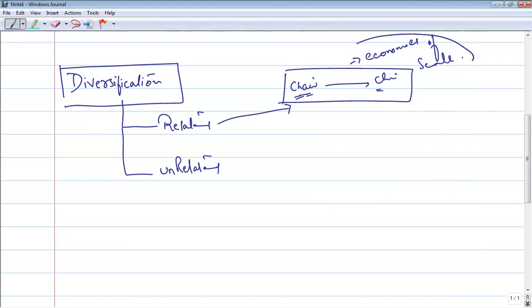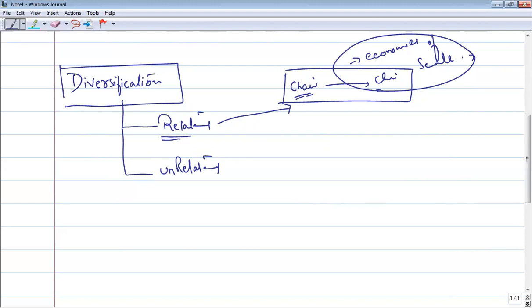So it can benefit from economies of scale. The point is that in related diversification, the company is expanding by acquiring competitors, or its suppliers, or its customers. So this is called related diversification in some way or the other.